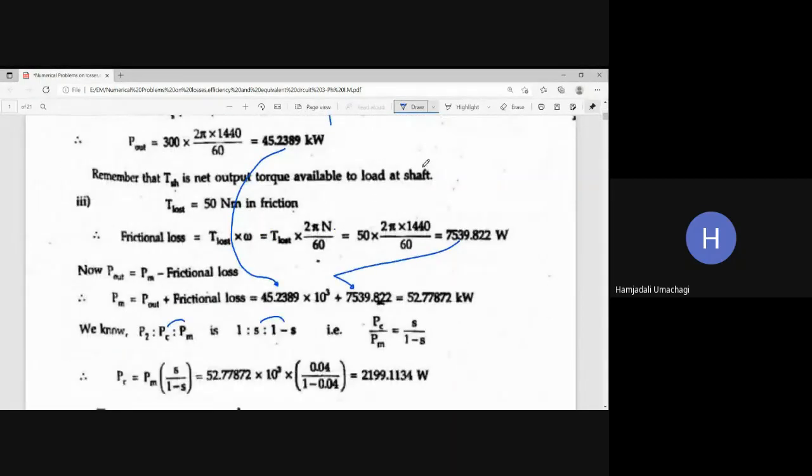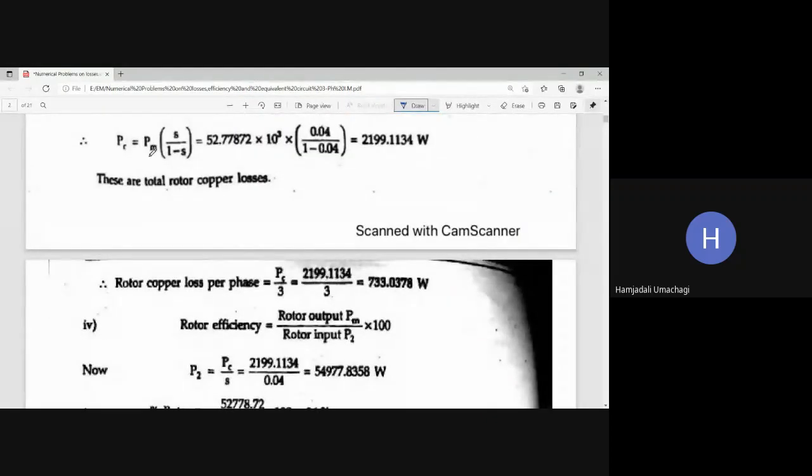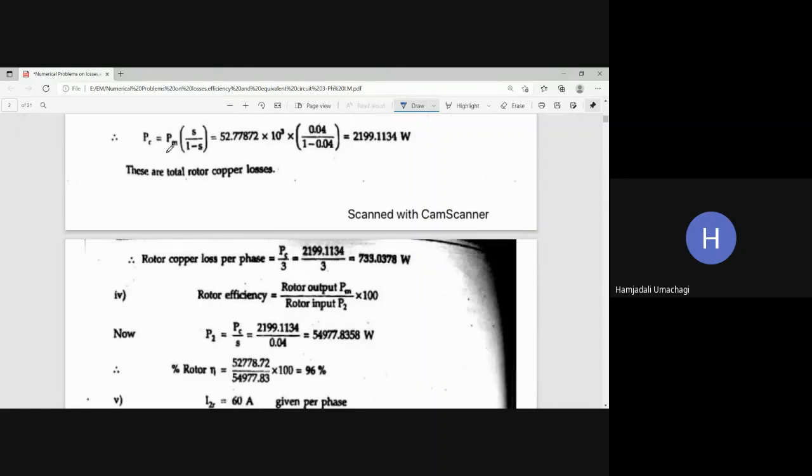After this, we need to calculate the fourth parameter. The fourth parameter is the rotor efficiency. Rotor efficiency means rotor output by rotor input. Before that, PC is the copper loss. If you want to calculate the per phase copper loss, just divide this by 3, because this is the total copper loss for all three phases, that is 2199.1134.